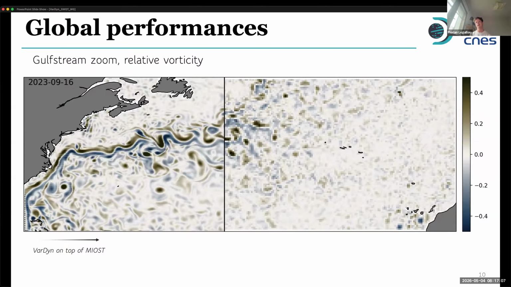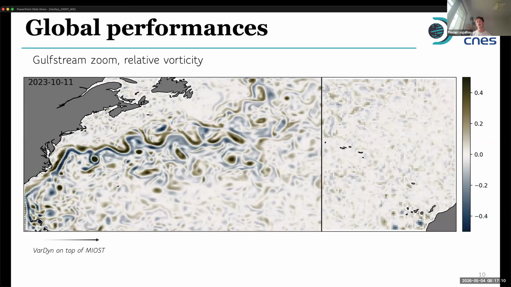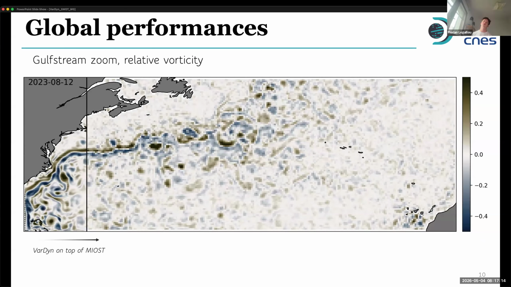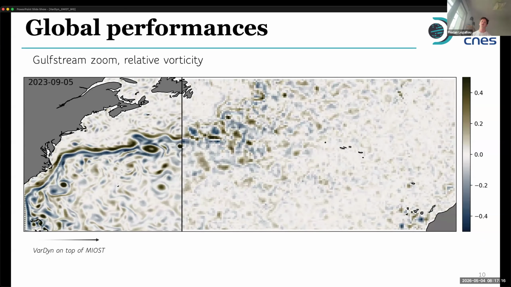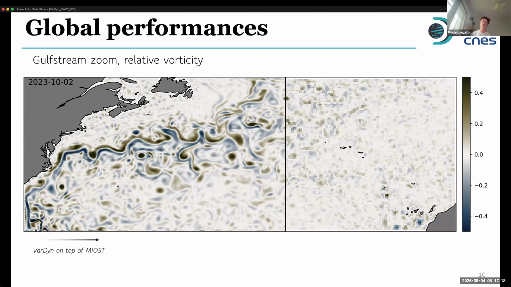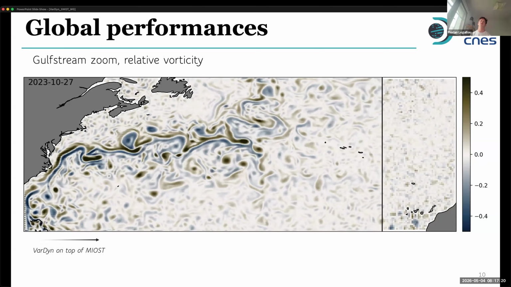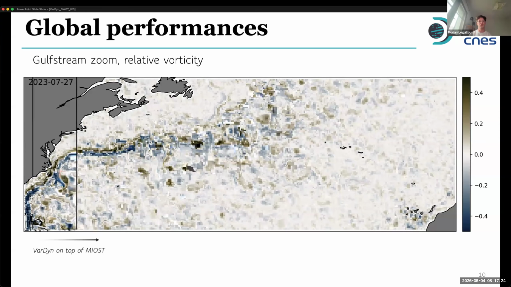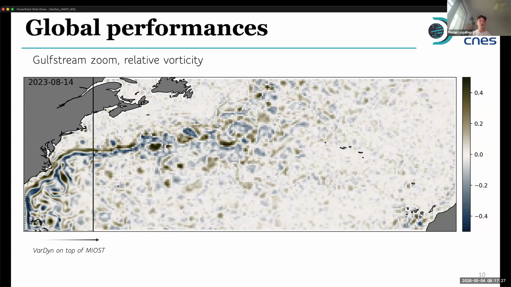We can clearly see it's out of a dynamical model, but it's really data driven. So the scales observed here are really in the good location in space and time. So this was just to show some qualitative results.